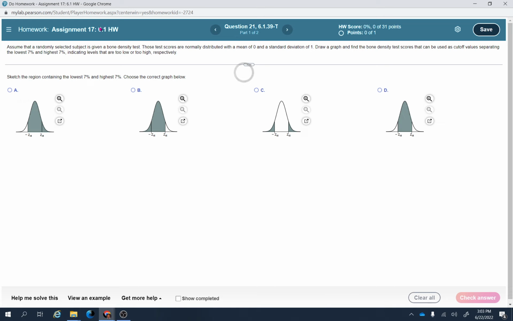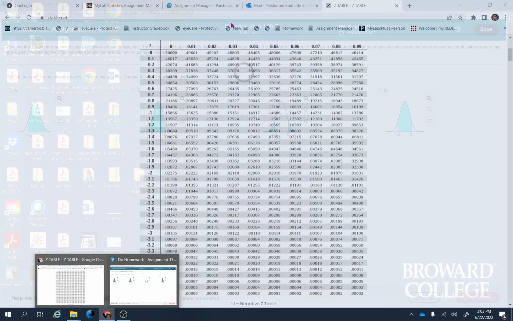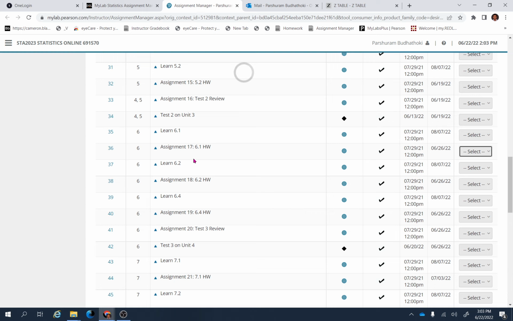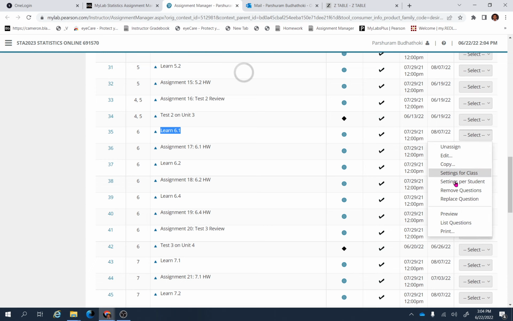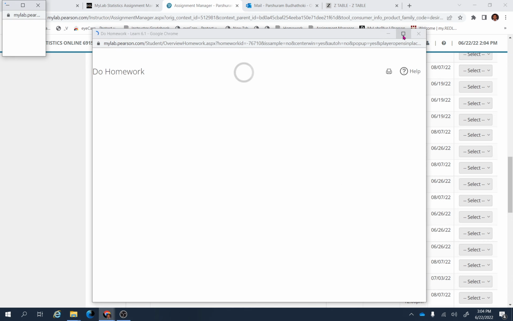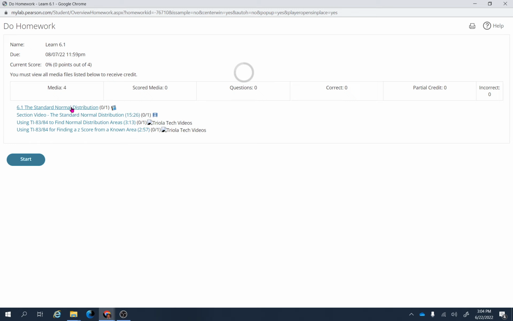And whenever you have to use technology for any assignment in that section, first of all, go back to your learn section. So what is that? This is from section 6.1. So go to the section 6.1 learn assignment. If I just preview these assignments, I can see there are different materials, reading for sure, but there are videos for using technology as well.